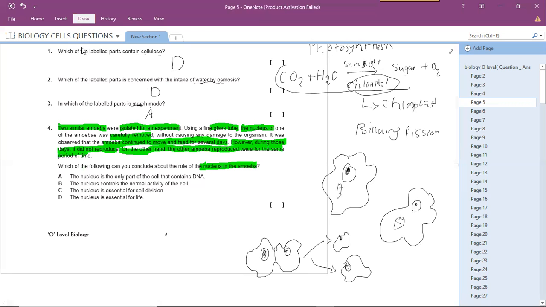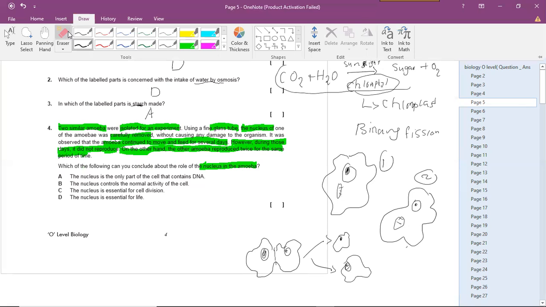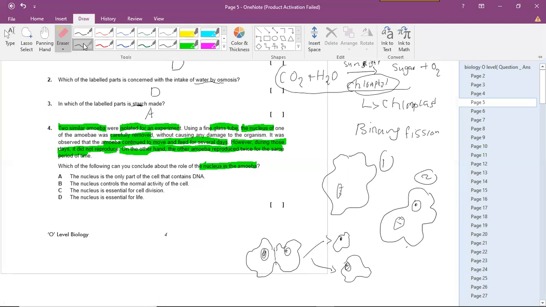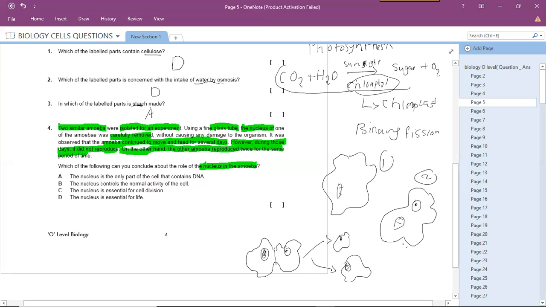So here we can conclude, because let's say this is amoeba 1, isolated, and amoeba 2, isolated. In these days, for amoeba 1, they removed the nucleus. And for this one, they did not remove the nucleus. This one continued to divide.